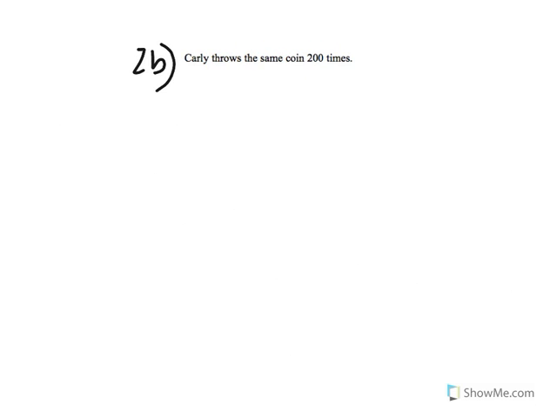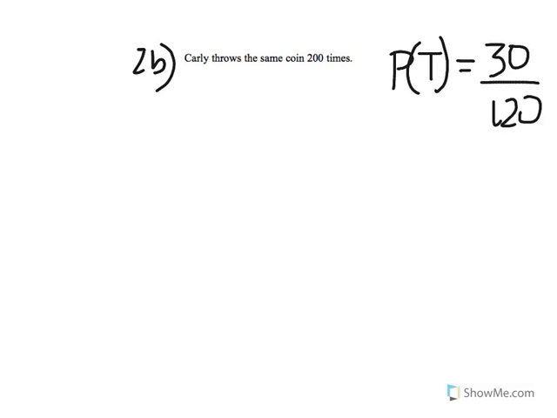So this girl Carly throws the same coin, which was in 2a. She throws it 200 times. Now you have to work out an estimate for the number of times the coin shows tails. As we figured out in the previous question, the probability of throwing a tails is 30 out of 120. That means for every 120 times the coin has been thrown, 30 times is going to show tails.